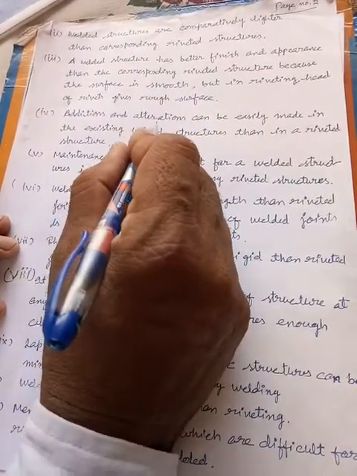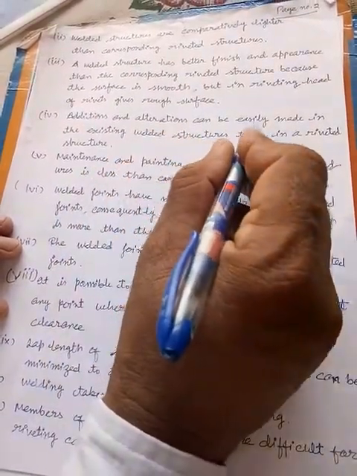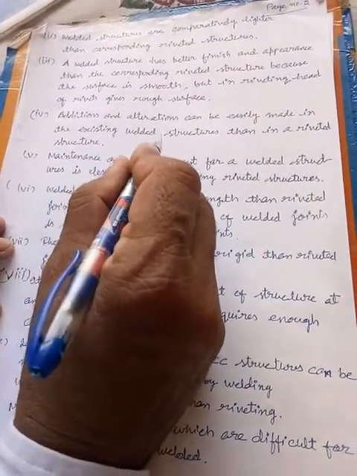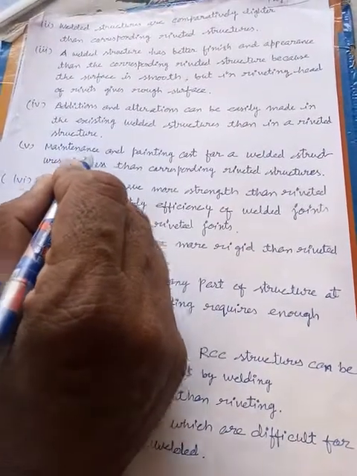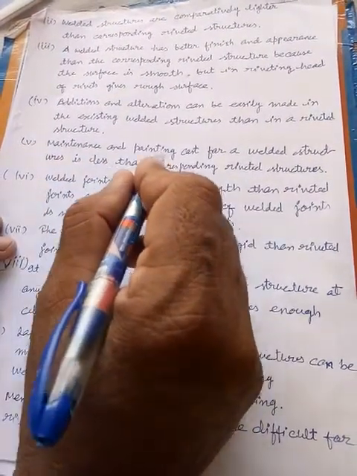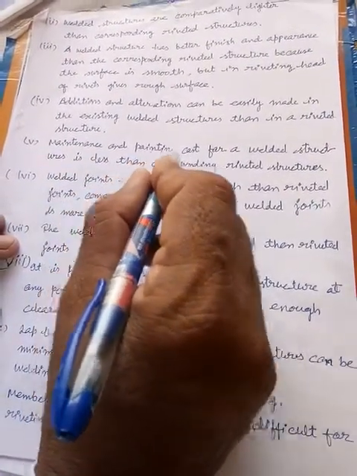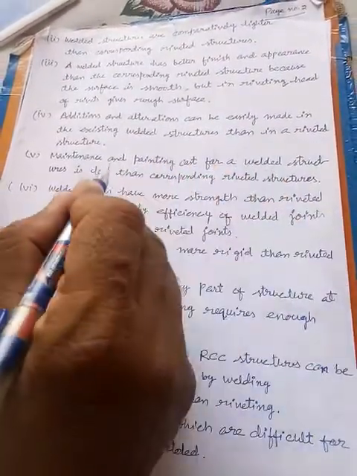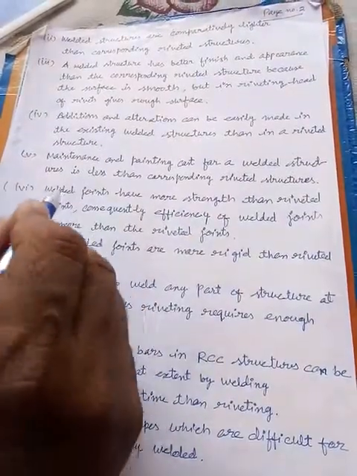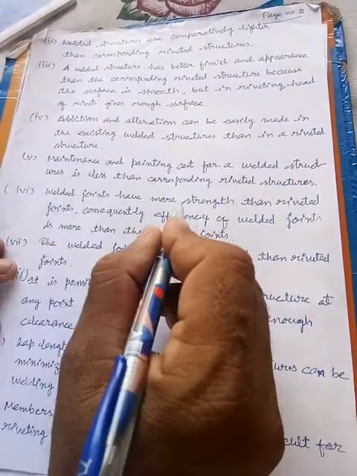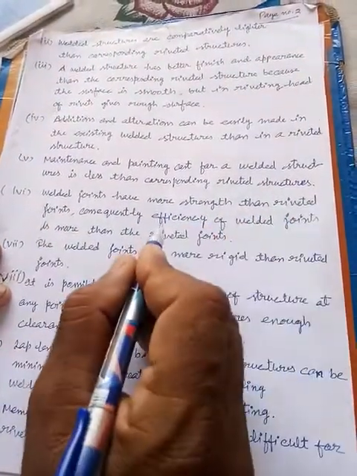So next point, additions and alterations can be easily made in the existing welded structures than in the riveted structures. So next point, maintenance and painting cost for a welded structure is less than the corresponding riveted structures. So sixth point, welded joints have more strength than the riveted joints.